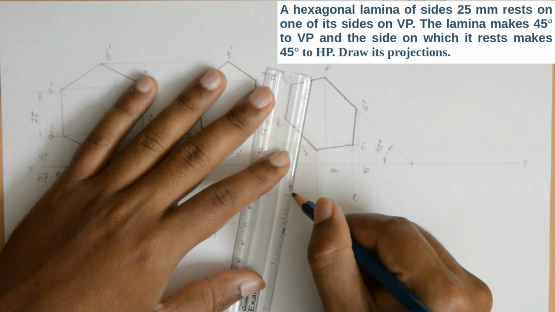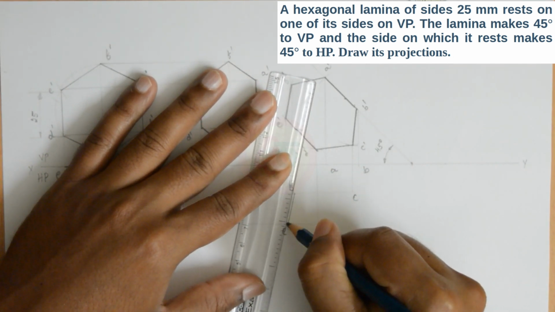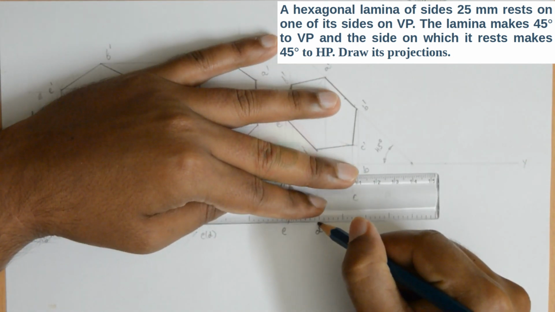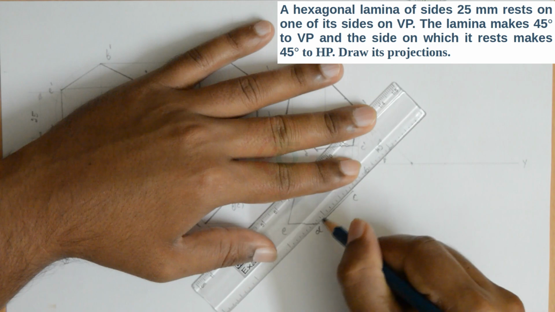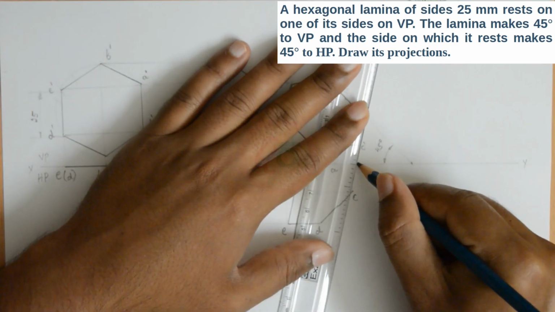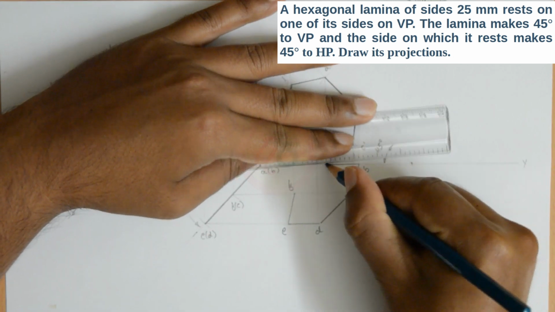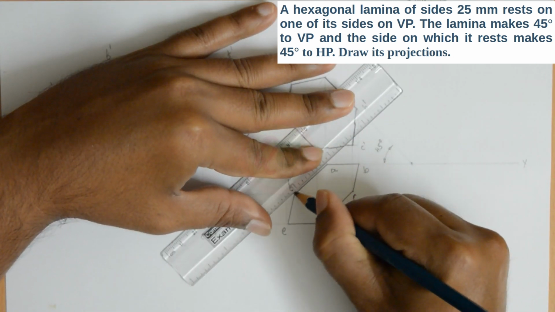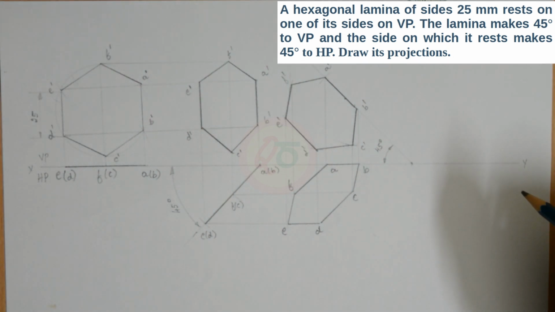Okay. Now connect those respective points. E, D, C, B and C, A, B and F and D. This completes the final view of the hexagonal lamina resting on VP.